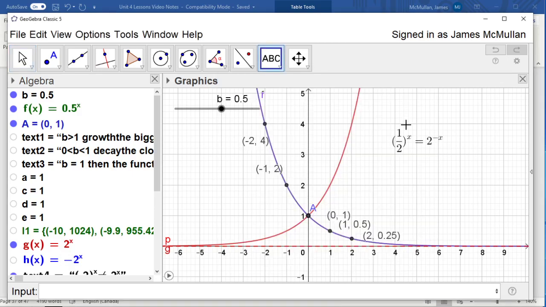And that's a really important idea as well. We should realize this because, of course, 1/2 is 2 to the power of negative 1, and then you bring the negative inside the bracket and you get 2 to the x, right?